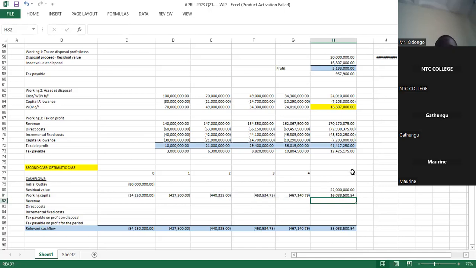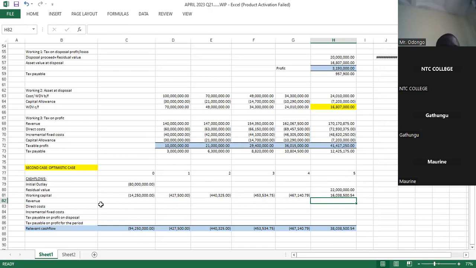That means in year 5, reverting means it comes back to a positive, and so we have positive 16 million 38 500.54. All right.